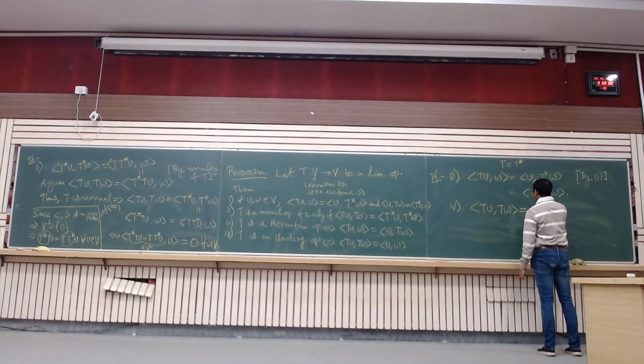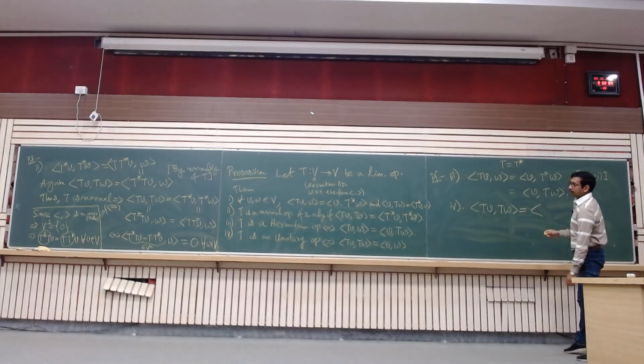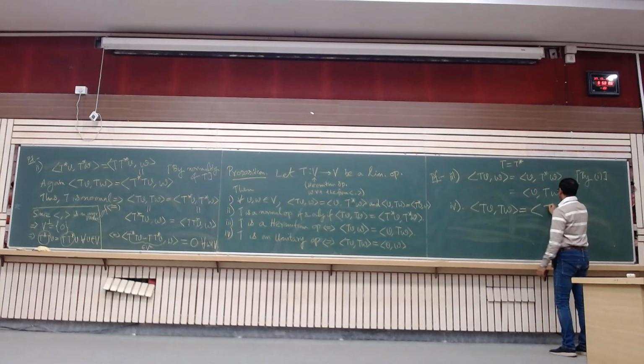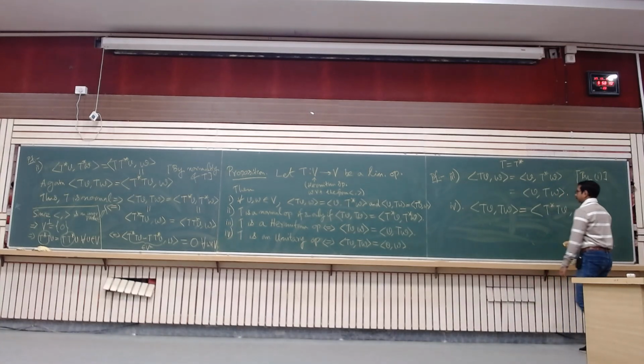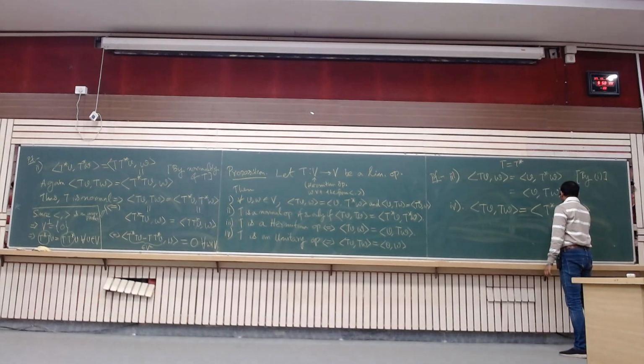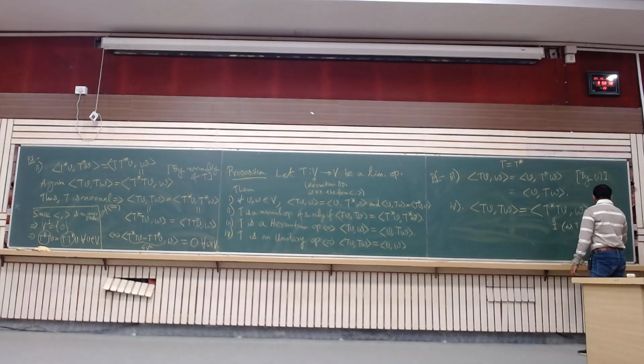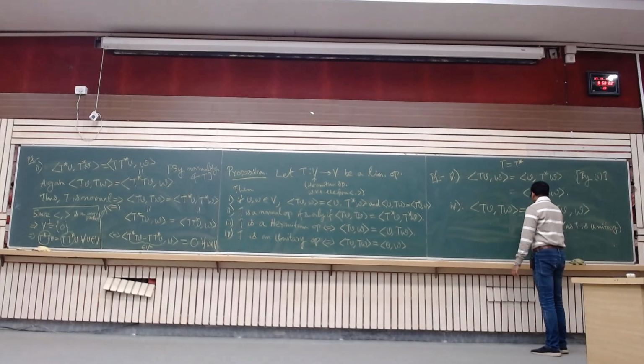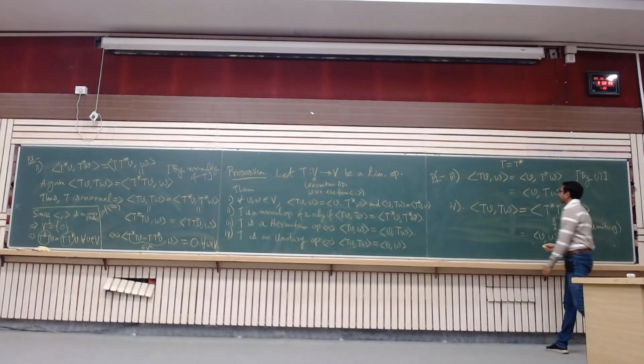We have seen earlier that this is equal to T star T V W. But if T is unitary, this is equal to the identity operator, right? As T is unitary. And so you have V W here.